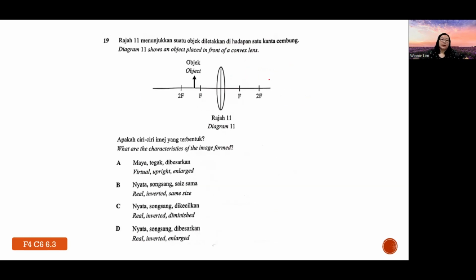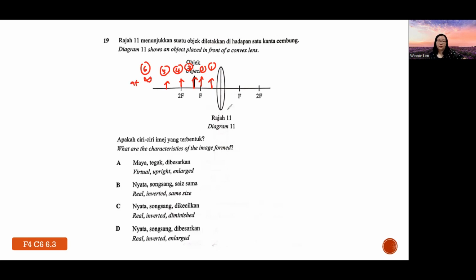Number 19, diagram 11 shows an object placed in front of a convex lens. So what are the characteristics of the image formed? Okay, so I always tell students, you have 6 different object positions: position 1, position 2 object at F, then between F and 2F, third case, fourth case exactly on 2F, fifth case more than 2F, and also case 6 at infinity.